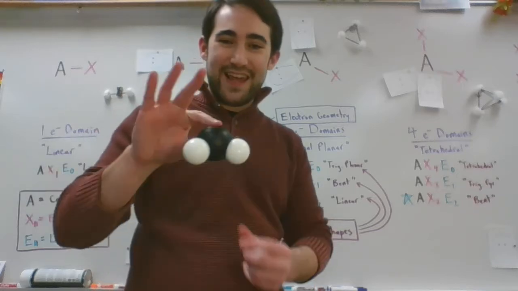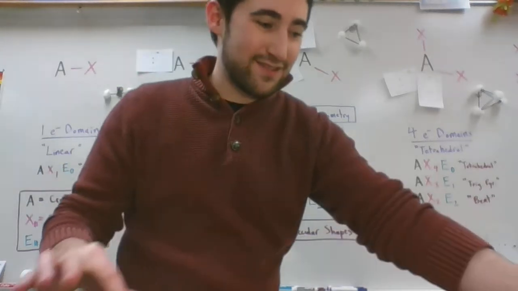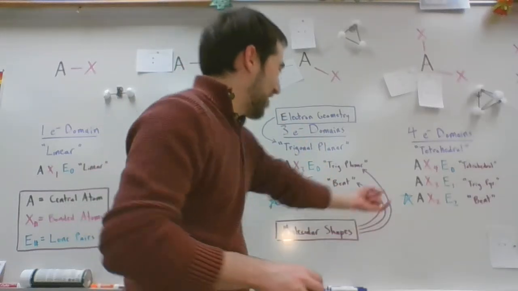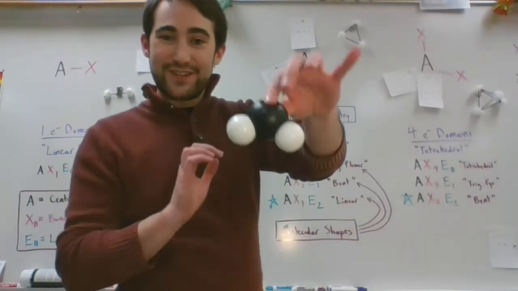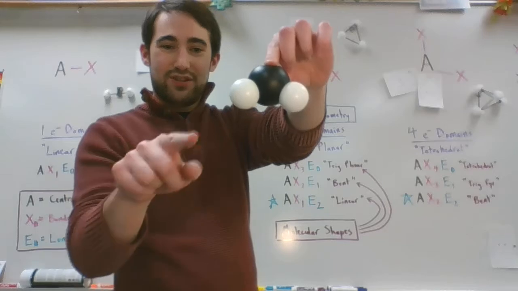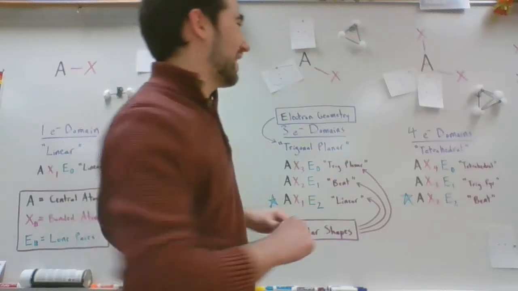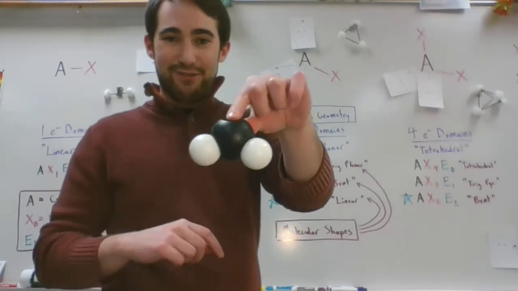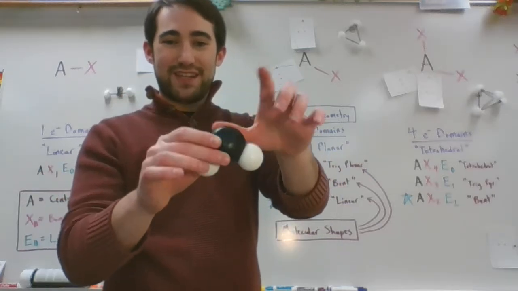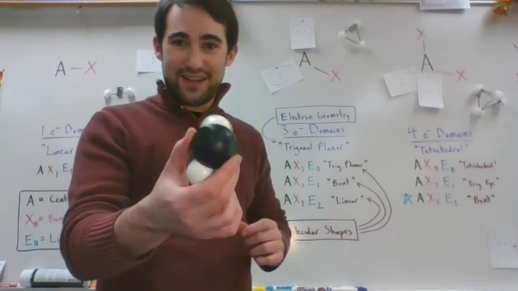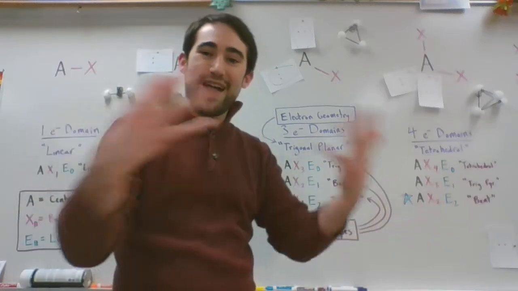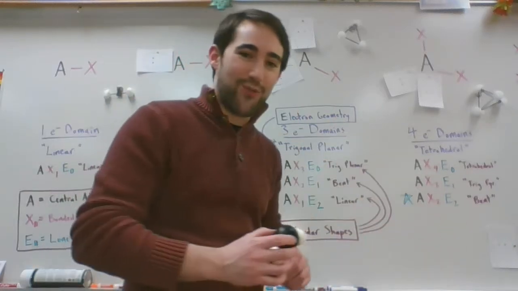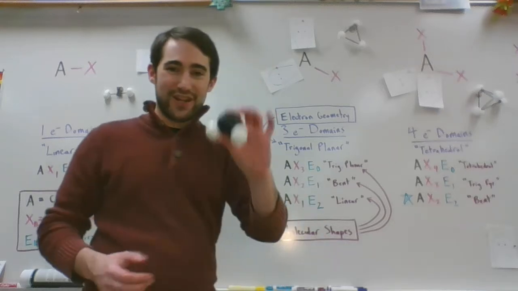And look what we got again: bent, like this shape. Just kind of crooked. Only 2 bonded atoms, but they're not linear, not in a straight line, because we've got 2 lone pairs of electrons on these other sides of the atom that repel and push those bonded atoms out of the way. So this is the bent shape.